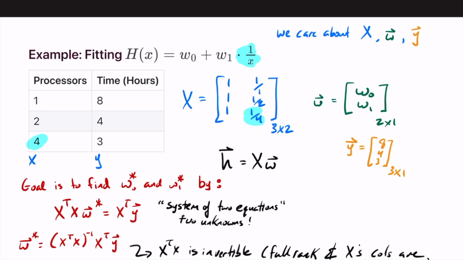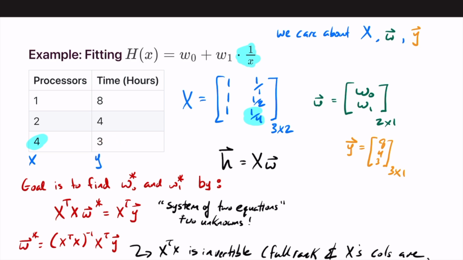Because ultimately, when we do machine learning, we're trying to find out what these parameters are. If we get additional data, say we want to know how much time it will take if we have 8 processors, we can just plug that into our hypothesis function. And if we have these weights, then we'll be able to find our prediction, what the new y would be given whatever n processors we have. So this is how we go about solving this.